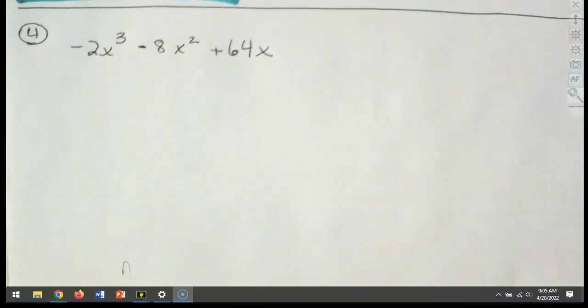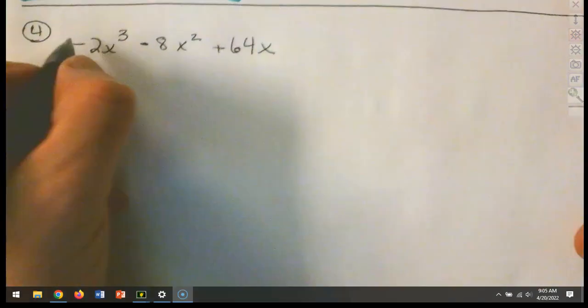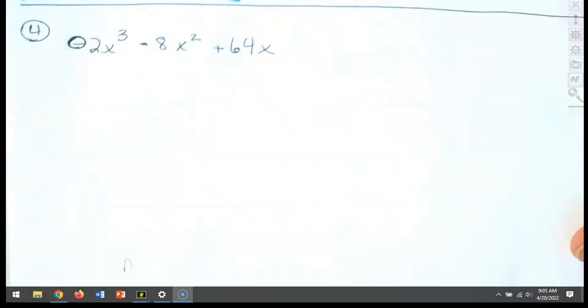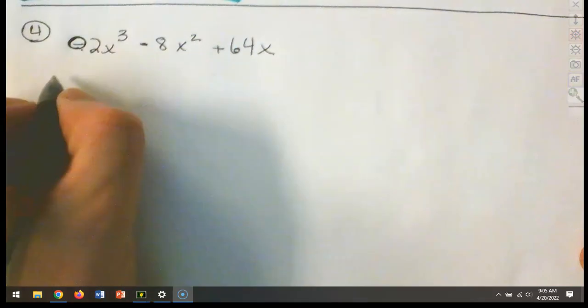And I already know that an x is going to have to come out, right? Because these all have an x in common. Now, one thing we also need to do is if it ever starts with a negative, if your first term is a negative, you've got to factor out a negative because you want it to be positive. Otherwise, it makes it more difficult. So it begins with a negative, so I've got to factor out a negative.